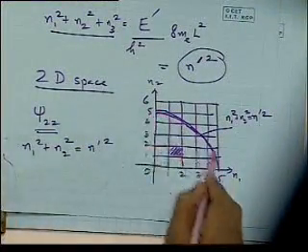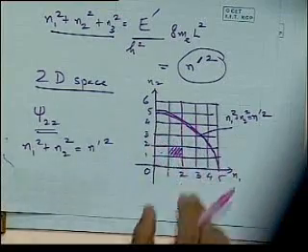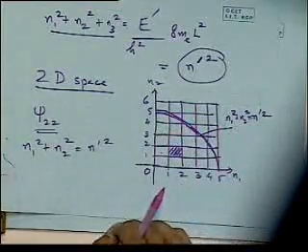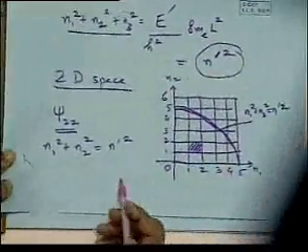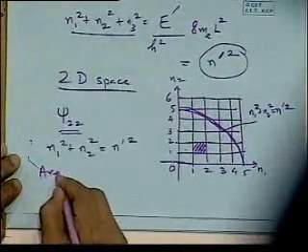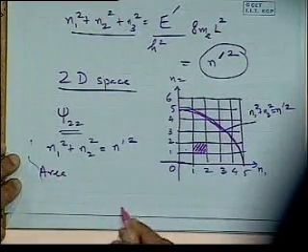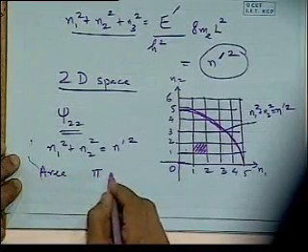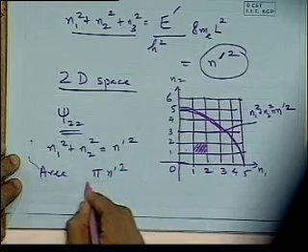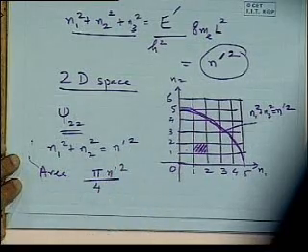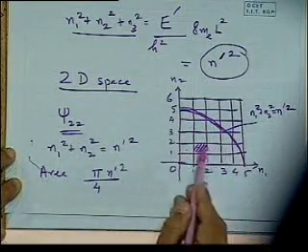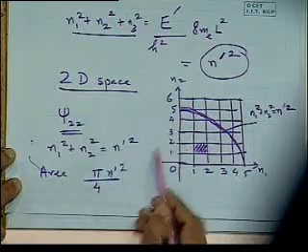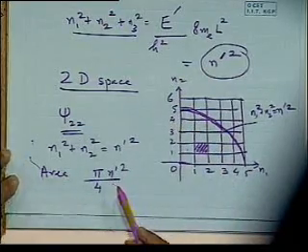So if I know the area under this curve, I know the total number of states in this space. Okay? So we know the area under the curve is what? Pi n dash squared by 4. I've got only a quarter of that circle. So the area under this curve is pi n dash squared by 4, where n dash is simply the radius of that curve.